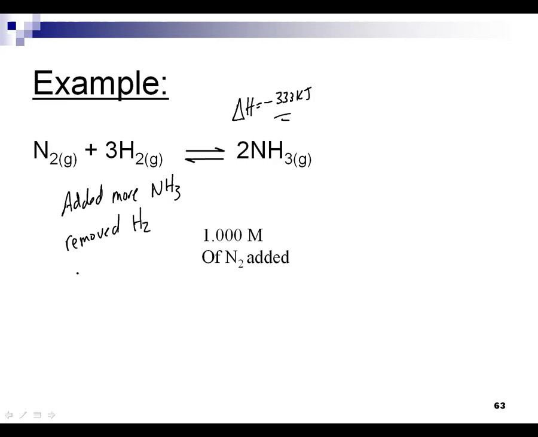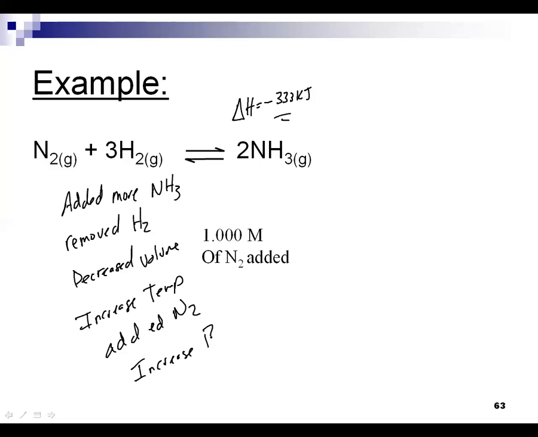Let's say we decreased the volume. Let's say that we increased the temperature. Let's say we added N2. And let's just say here we increase the pressure.